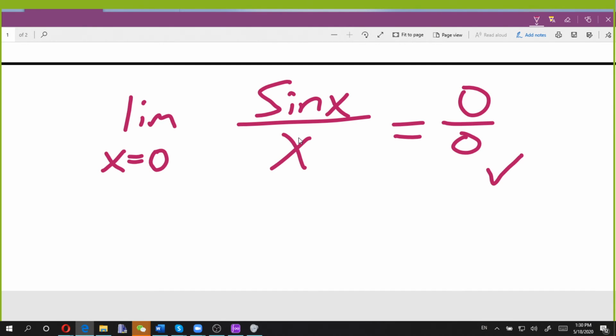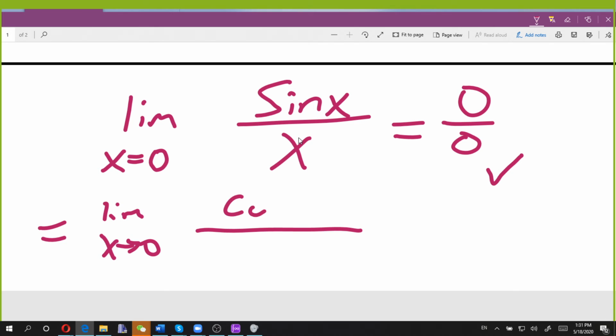For L'Hospital's rule to work, that means this limit should be equal to the limit as x approaches 0 of the derivative of the top divided by the derivative of the bottom. What's the derivative of sine? Cosine. And what's the derivative of x?